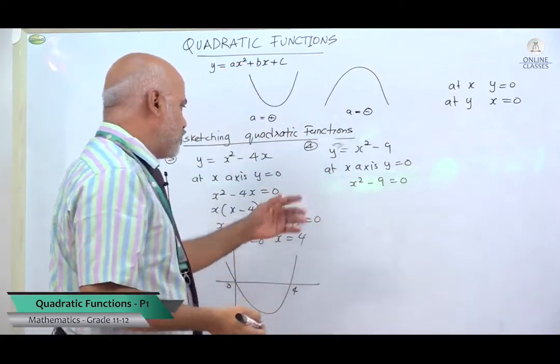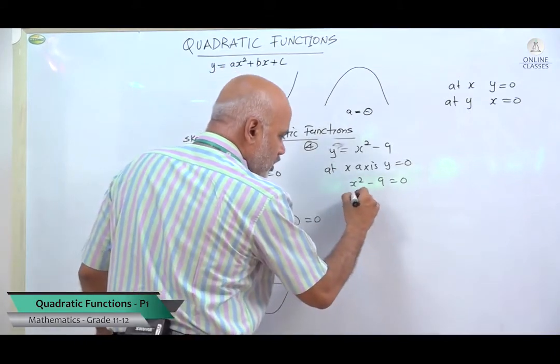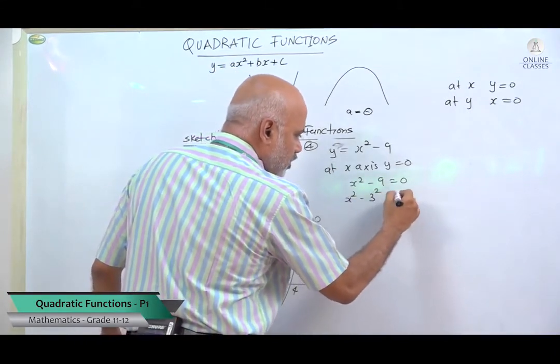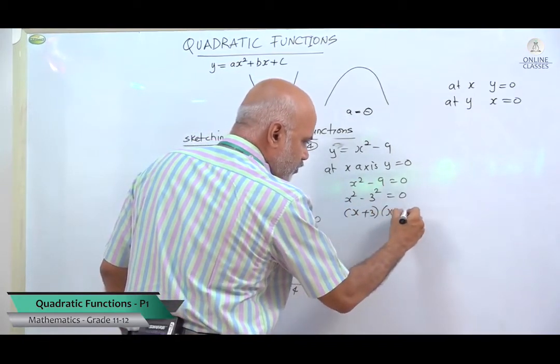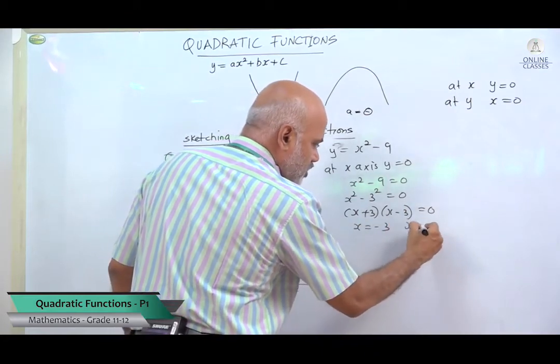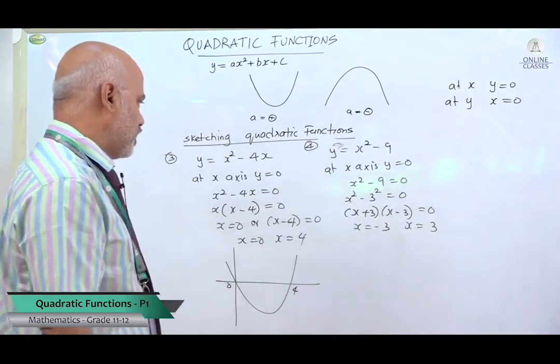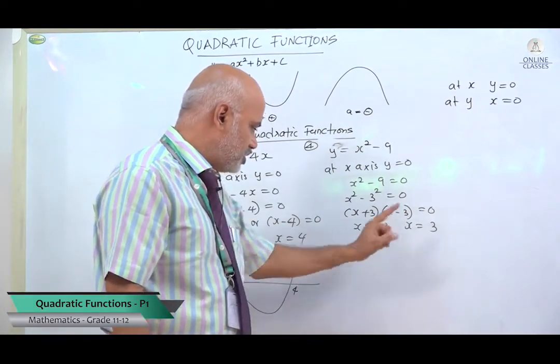You can do this question by two methods. You can use the difference of squares: rewrite the 9 as 3 square, and you can write (x plus 3)(x minus 3) is equal to 0. So x is minus 3, x is plus 3. See here, the values are the same but with opposite signs.